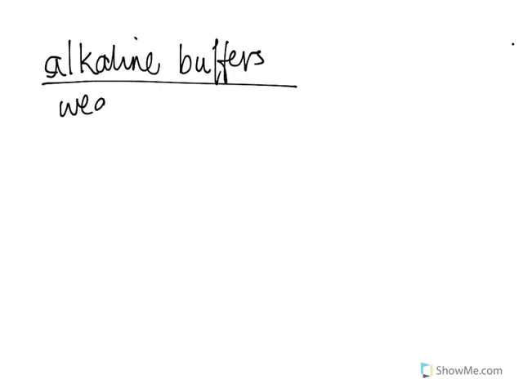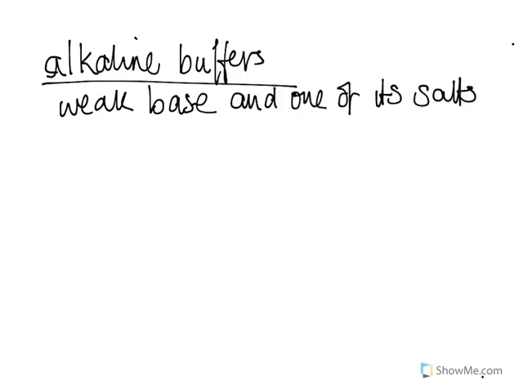We can also make alkaline buffers by using a weak base and one of its salts. So these are more rare, but let's look at a common example. If we look at ammonia, and we'll take ammonium chloride as its salt.